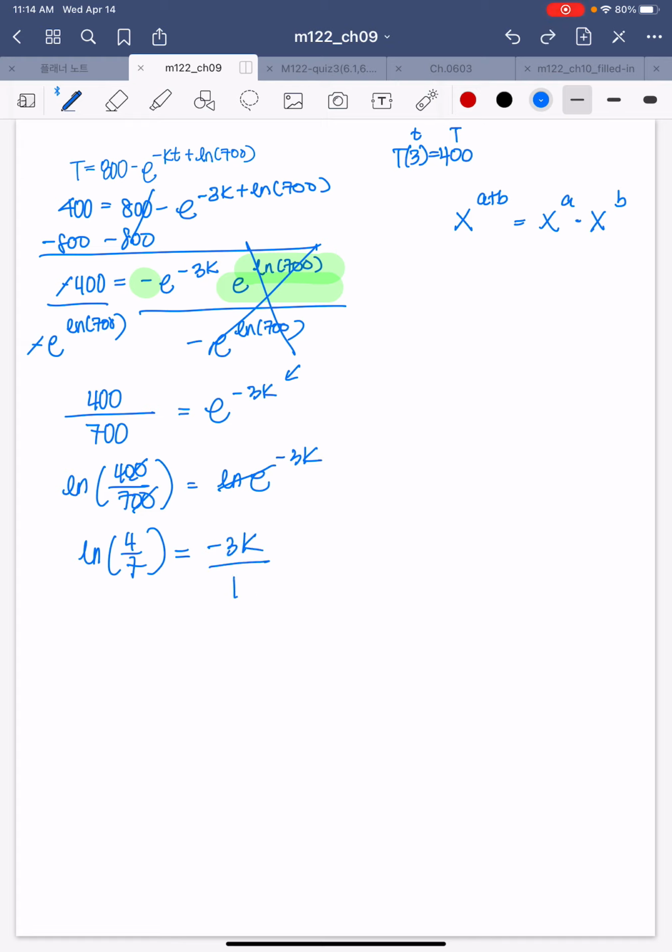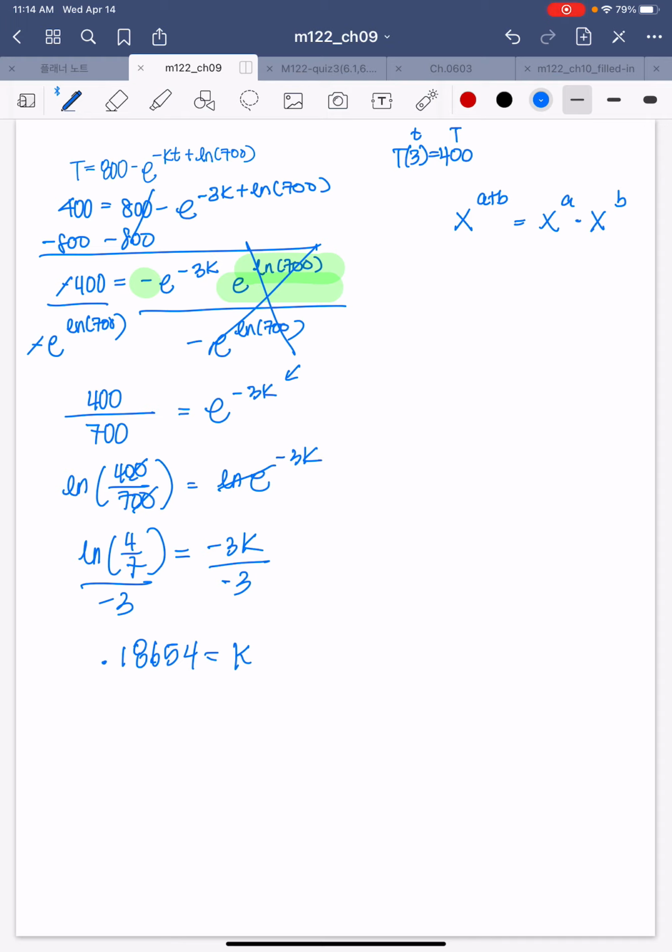k is equal to, let's use a calculator, ln 4 over 7 divided by negative 3. I get 0.18654, rounded to the fifth decimal place.